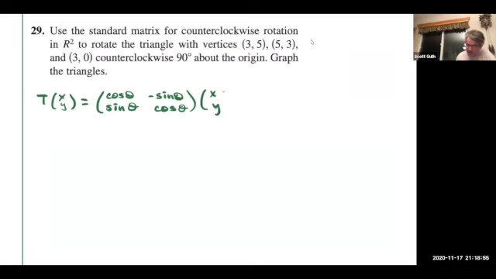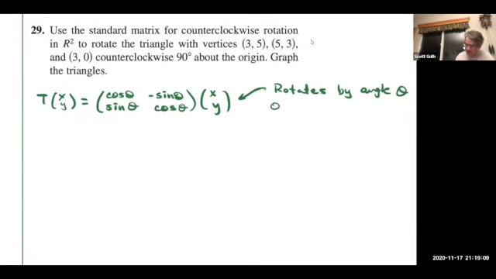So this rotates by an angle of theta about the origin, counterclockwise.